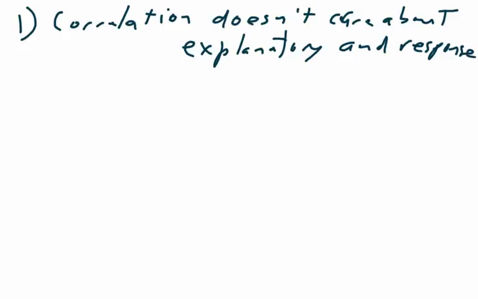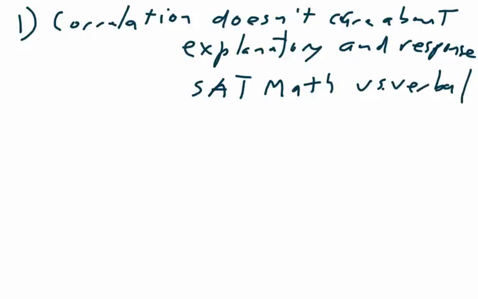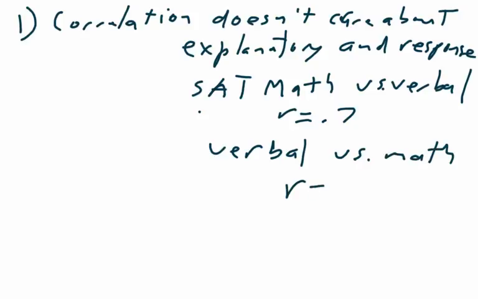So if I was doing a look at SAT math versus verbal, and it said R was equal to 0.7, if I did verbal versus math, R would still be 0.7.